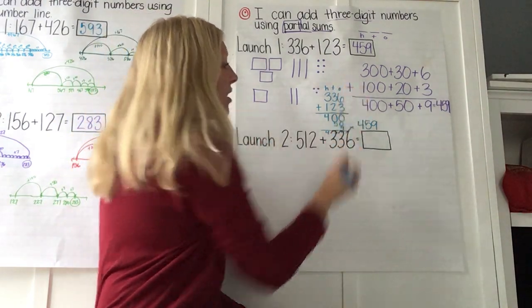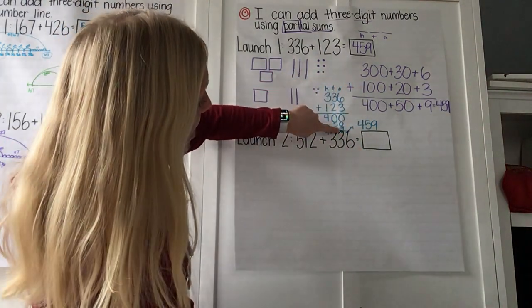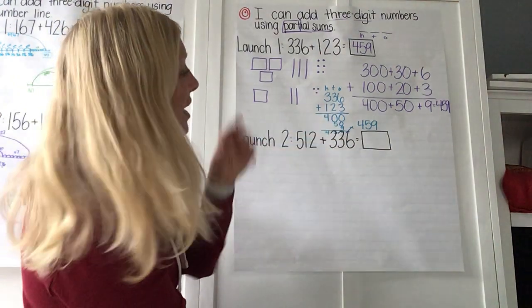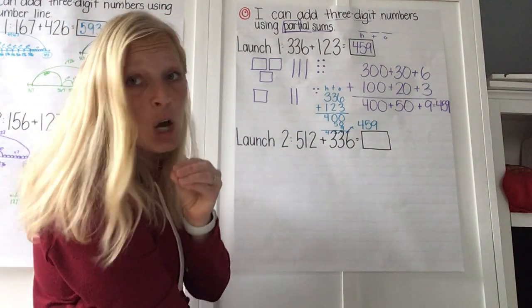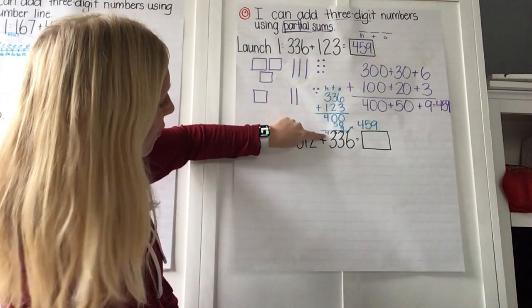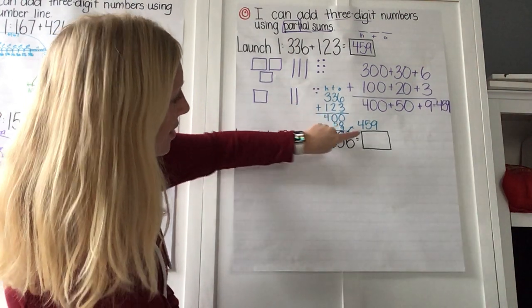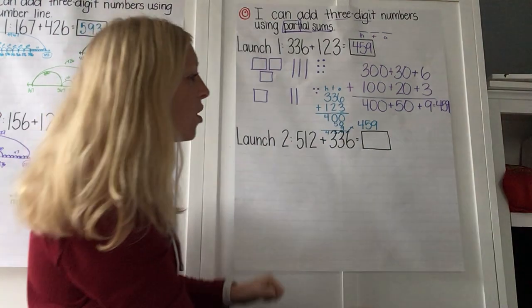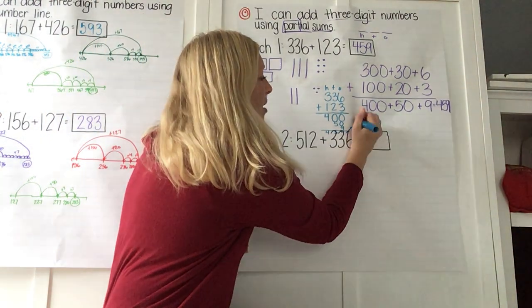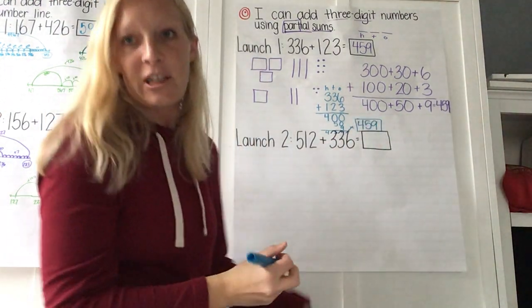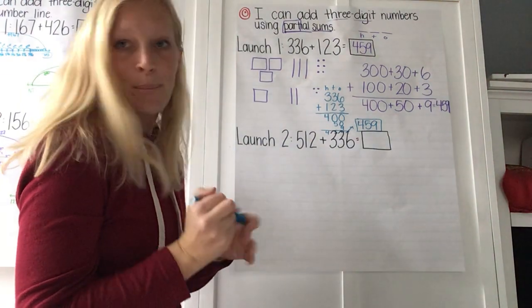Then we have our ones, and our 6 and our 3 is 9, so we write it in the ones place. Then, and only then, can we see our 4 hundreds, 5 tens and 9 ones to make this sum of 459. Does everybody see that?